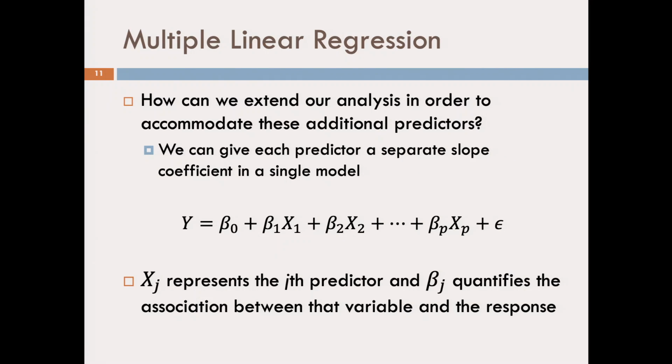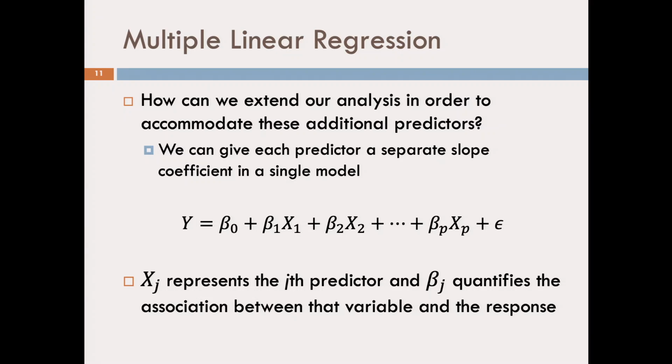Multiple linear regression. What if now we have data that has more than one variable, x1, x2, up to xp? The analysis we just performed can be extended to accommodate these additional predictor variables.